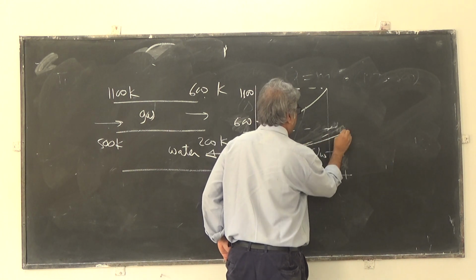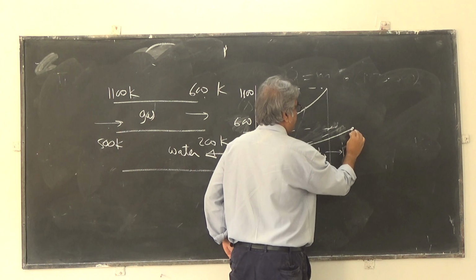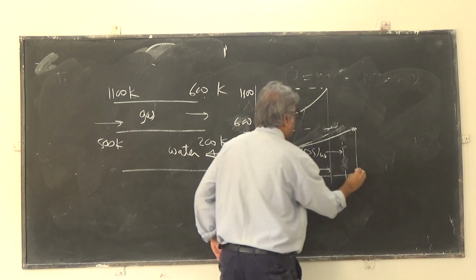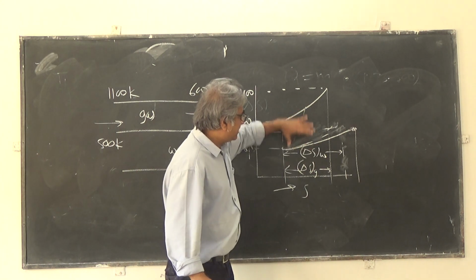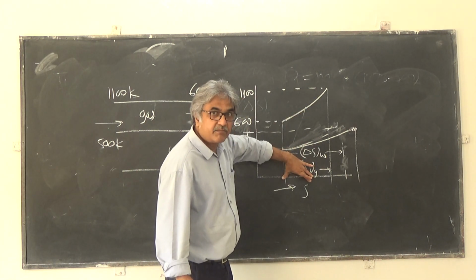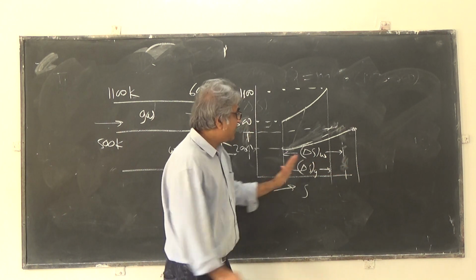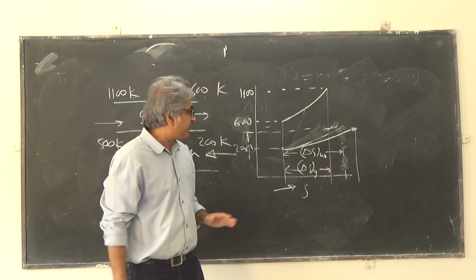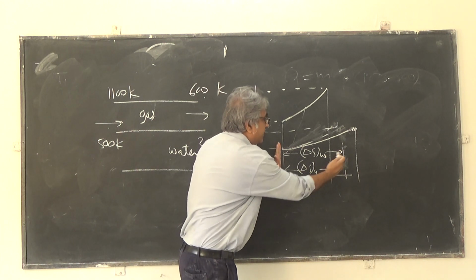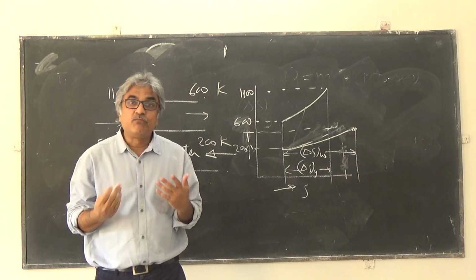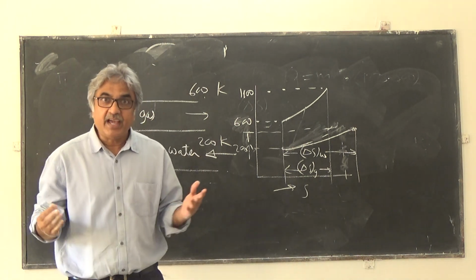Now that might convince you. Okay. So this area is the heat given by gas. This is the area, heat received by water. They are same. Entropy changes are of course different. Delta Sg is this. Delta Sw is this. That delta Sw is more than delta Sg. Okay. Thank you.